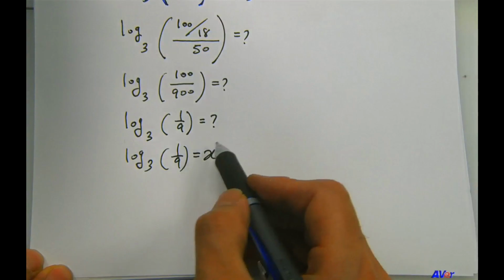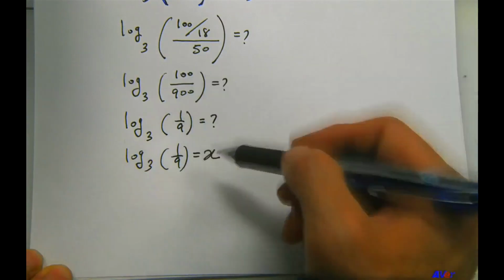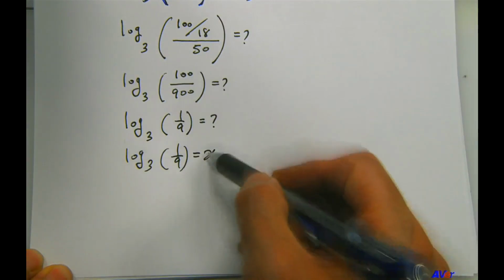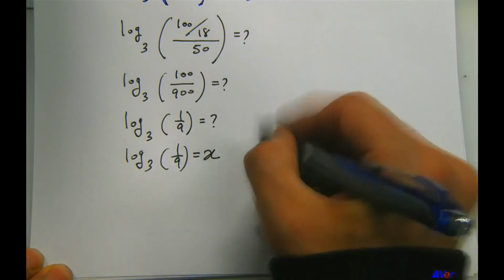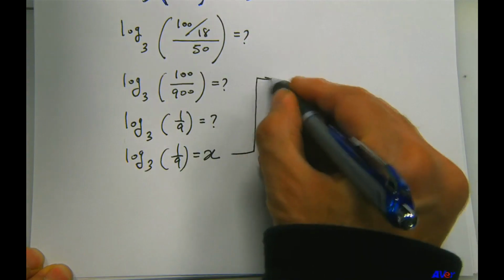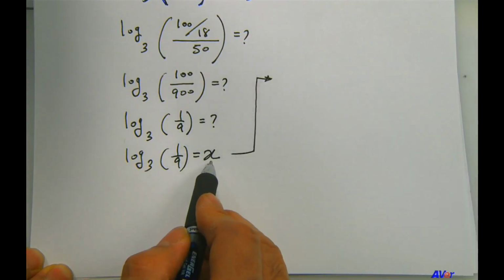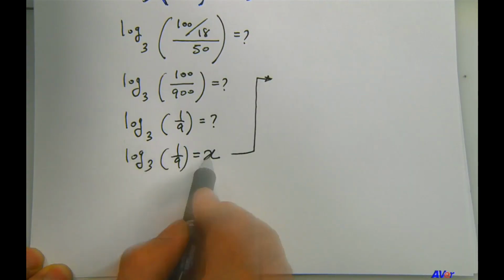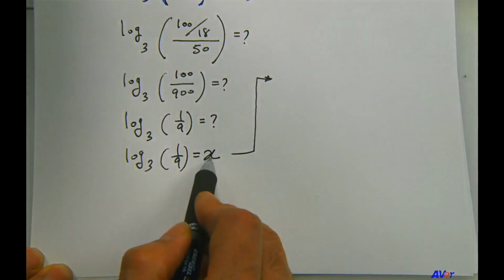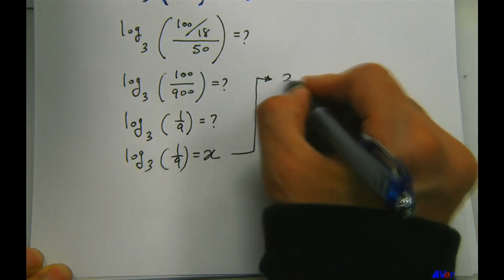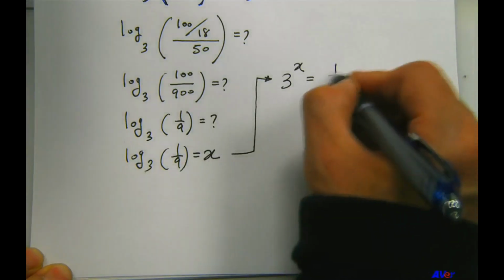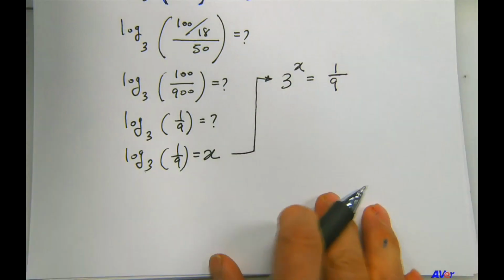Now let's write the equivalent exponential form of this. That's easily done because we know that log functions and natural log functions generate an exponent. So we have this base to that exponent: 3 to the x equals 1 over 9, right?